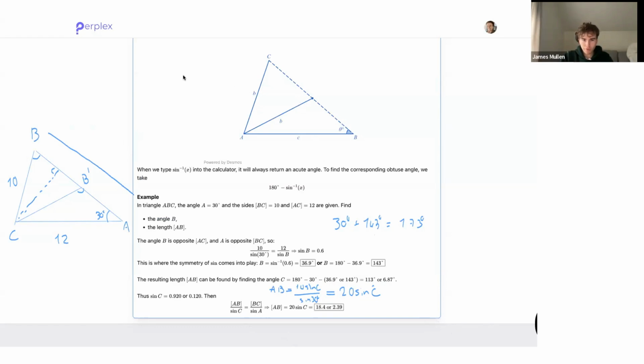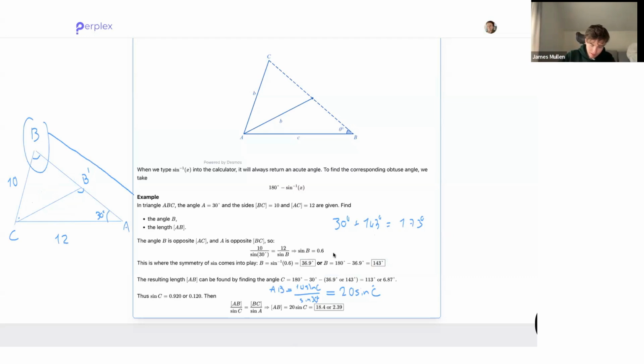Explain the fourth step once more. Okay, so I'm not really sure which one the fourth step was, but I'll just explain from maybe after I found the angles, okay? So I found the two angles. Remember, one of them just came out of sine inverse on the calculator. One of them I remembered, oh, hey, I have an obtuse angle as well, so I did 180 minus that, and I found this. And now, let me just maybe simplify this triangle a little bit so that we can see what we're actually trying to find. Yeah, so we have this triangle here, and now I know the two possible values of this angle or this angle.